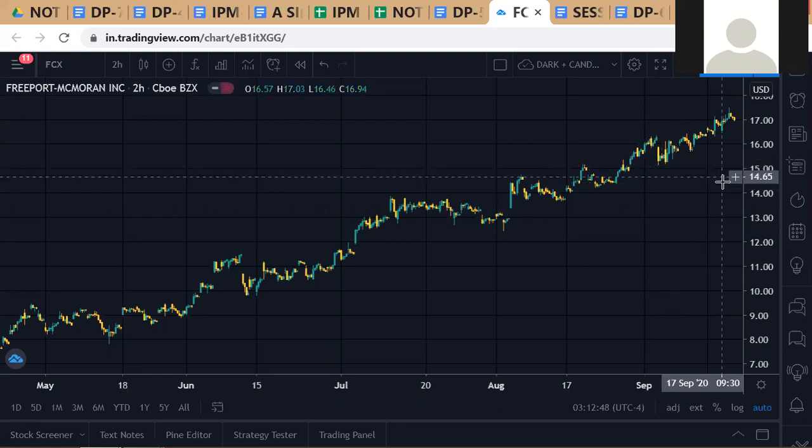Visually you can see that. So this is the point where you get the first indication that your assumption about the continuing uptrend is destroyed.